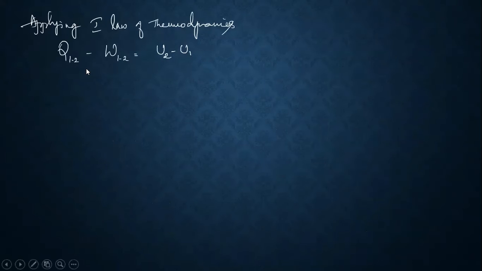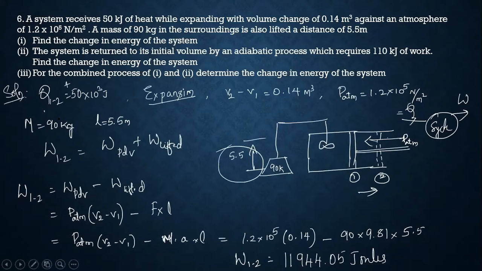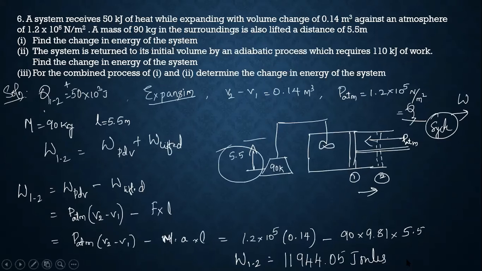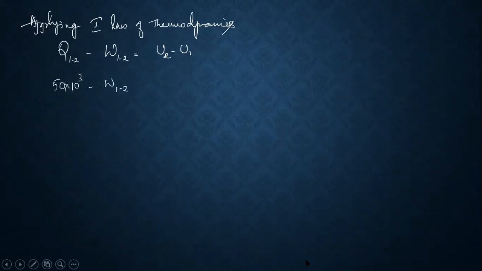Therefore, it is 50 into 10 to the power of 3 joules minus W1 to 2, and W1 to 2 here is 11944.05. That is equal to U2 minus U1. Therefore, we will get U2 minus U1.